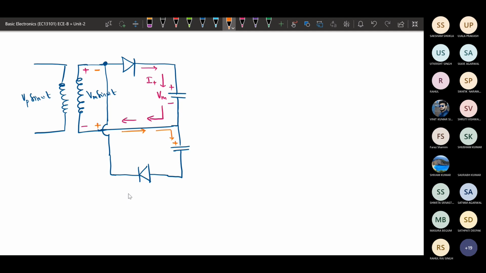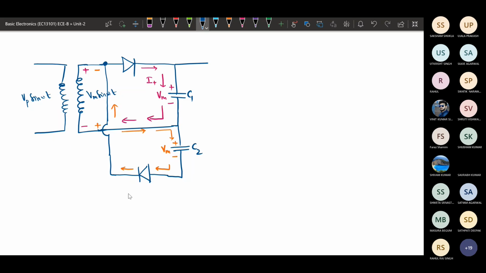So here positive and here negative, this will be charged to plus Vm in this way. Now the current will be flowing this way. Okay, this will be the direction of current in negative half. So overall we can see capacitor 1 is having plus Vm in this way, capacitor 2 is having plus Vm in this way.